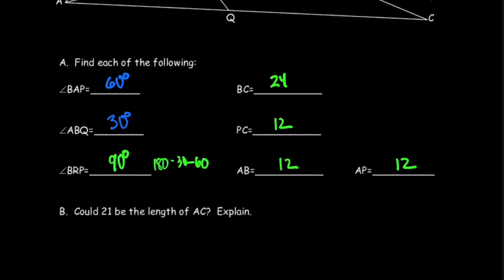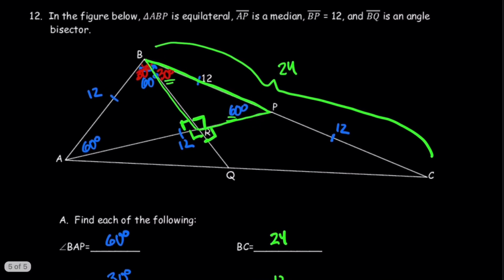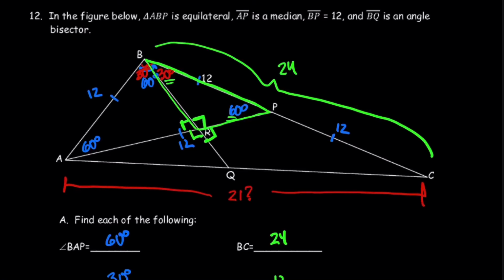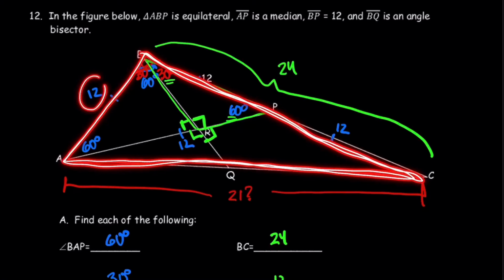And then lastly, could 21 be the length of AC? Explain. Well, for this one, I need to focus on this particular triangle. In this triangle, this side is 12 for a fact. That side is 24. Could this be 21?